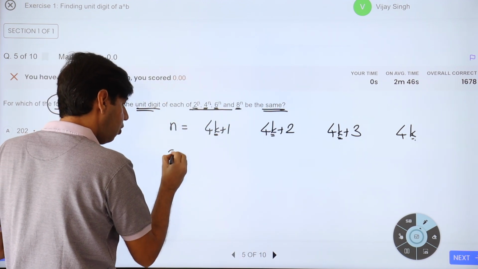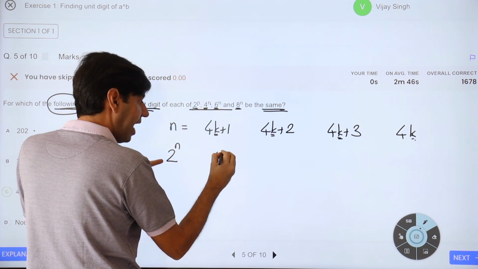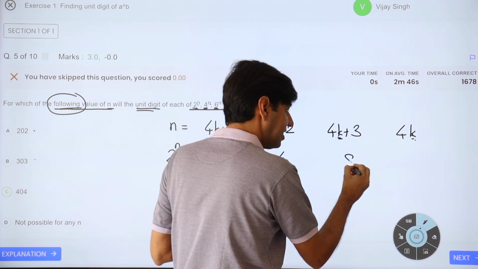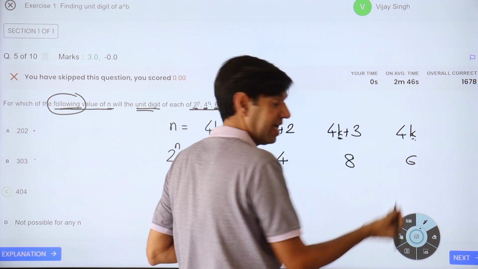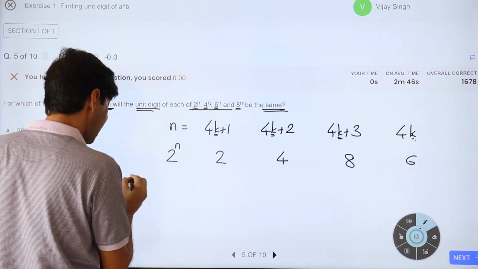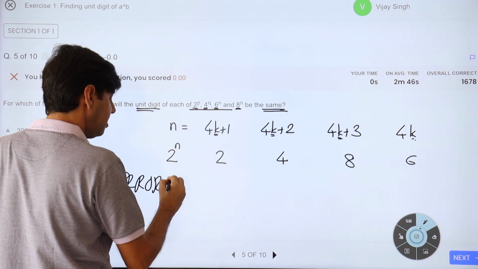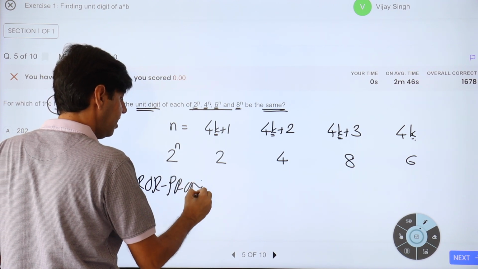And depending upon it, 2 raised to n will end either with a 2 or a 4, 4 into 2, that's an 8, 8 into 2 is a 6. Here also there is an error prone area, students. So I did not mention this earlier, so let me mention it here.